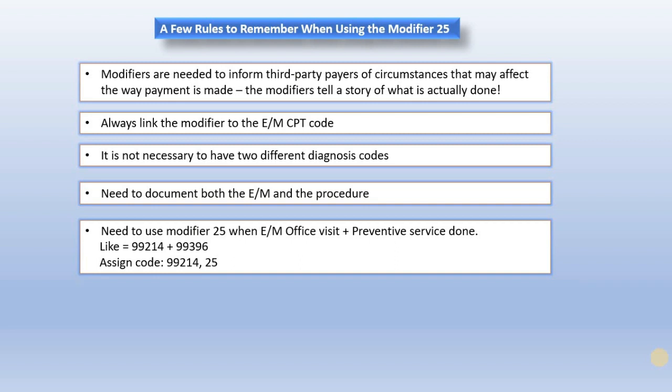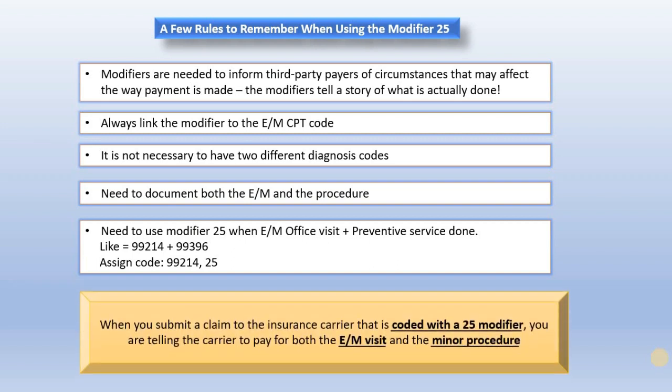If both the services are performed, that time assign code 99214 with Modifier 25. Then last, when you submit a claim to the insurance carrier that is coded with the Modifier 25, you are telling the carrier to pay for both E/M visit and the minor procedure also.